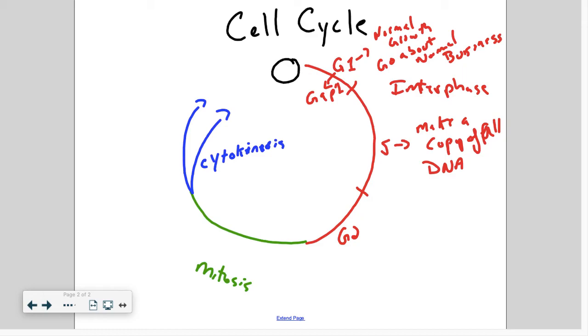Now they have all the instructions needed for a new cell, plus the instructions for this cell, so they have twice as much DNA. And then finally, if they're going to divide, last minute growth will occur in G2.